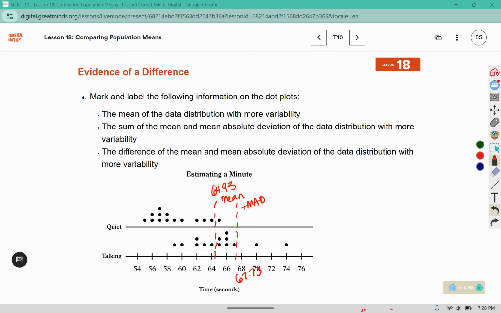And the difference, so we're going to take 64.93 and subtract 2.80, which puts us at 62.13.